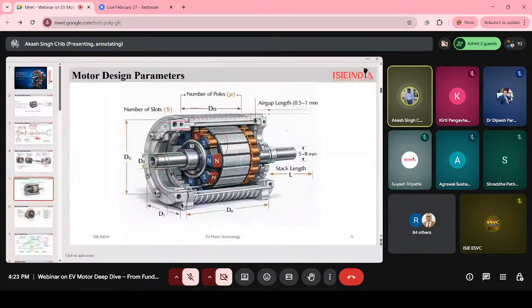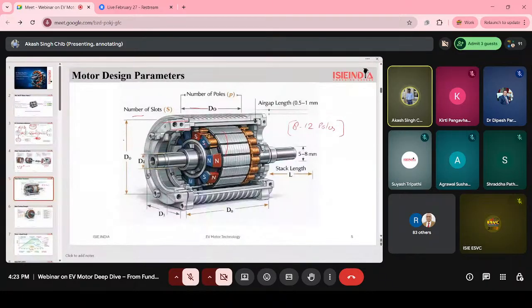Basically, in the motors we have 8 to 12 poles inside the rotor. But higher poles may reduce maximum speed. Then comes the number of slots.